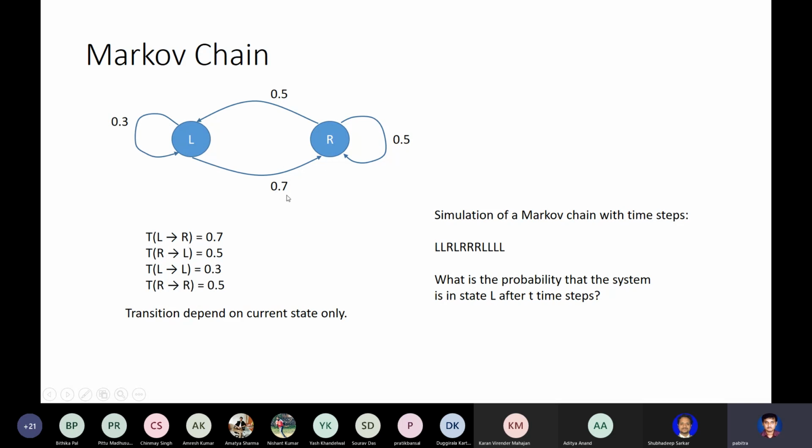Let's say this transition probability is 0.7. So basically she tosses a coin, and with probability 0.7 she moves to the other room, R. She can also decide to stay in the same room, which is T(L to L), which is 0.3. Okay, so it is a Markov chain because she really cares only about where she is now.